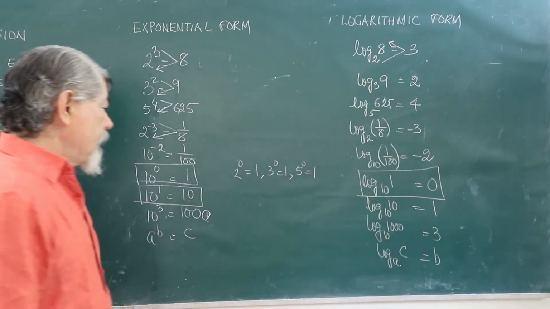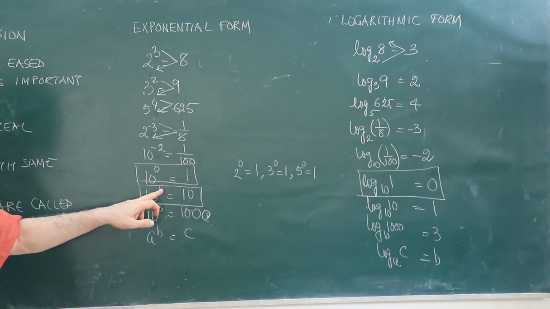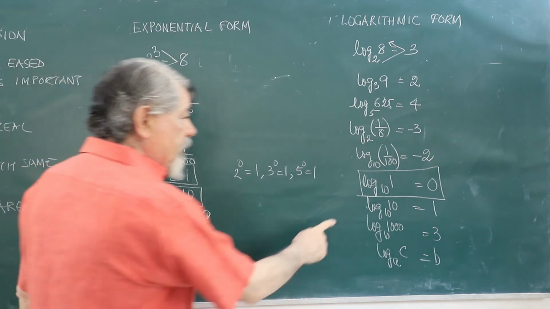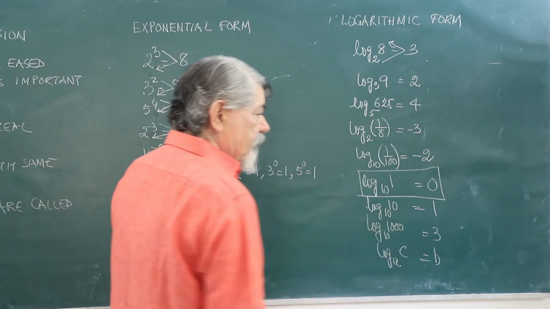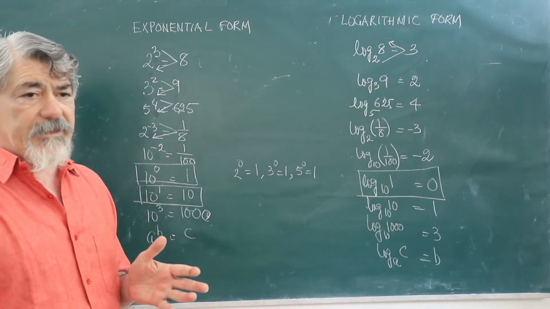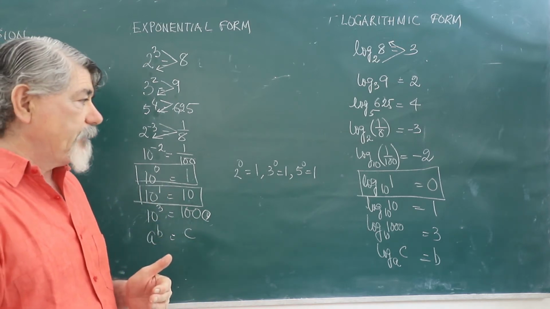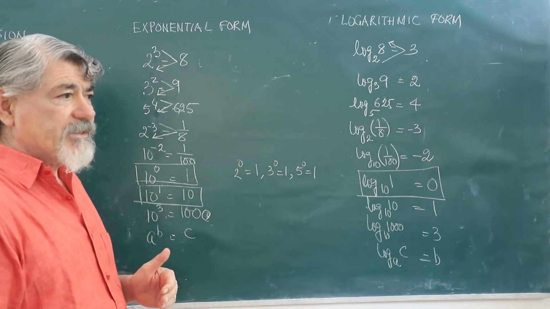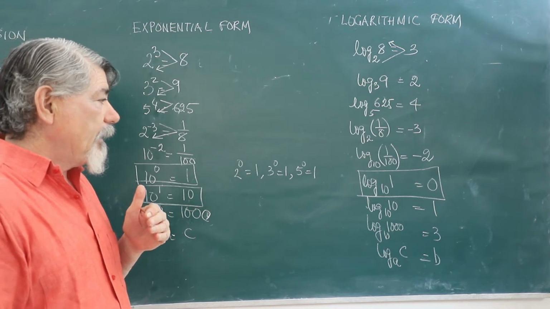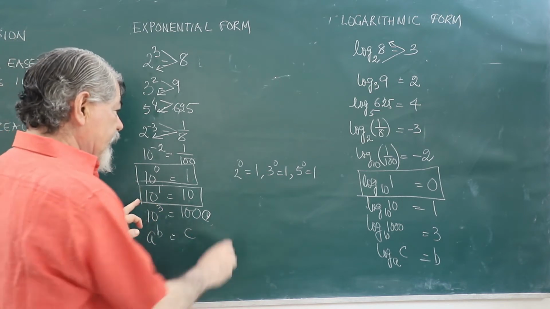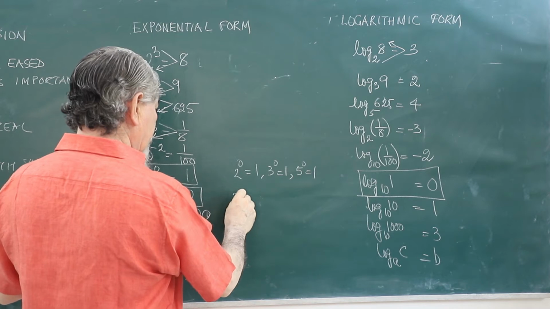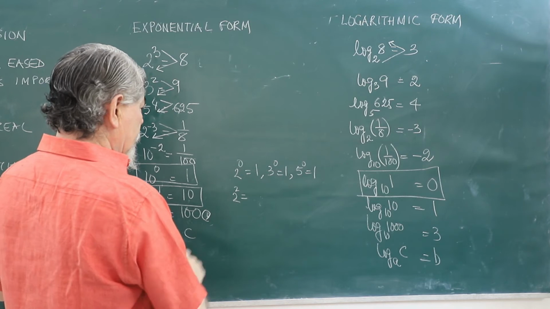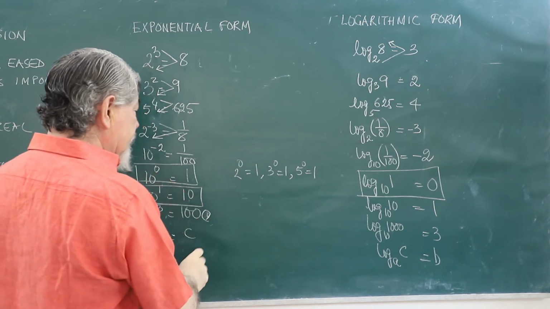Another thing which is important here is 10 to the power 1 is 10. So log 10 to the base 10 is 1. When the number and base are the same, the logarithm will always be 1.